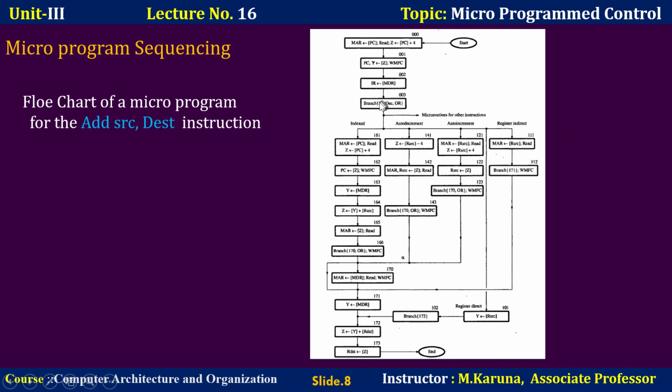Next, if the branch decoder selects register indirect, the address of the data is available in the register, and that address will be transferred to MAR, then jump to the branch instruction 171, PC will be loaded with 171. Then jump to that address, and whatever data is present at that address will be loaded into the MDR register, then transferred to the Y register.